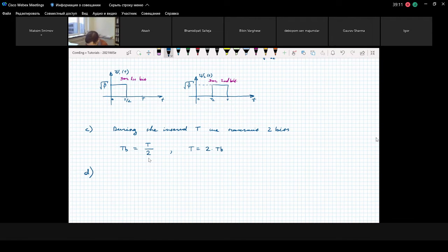So, we actually do a very simple thing. We first calculate the energy for the first interval, and it will be equal to U0 squared times T over 2.